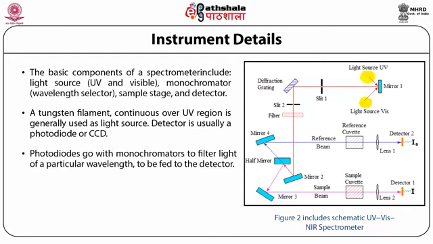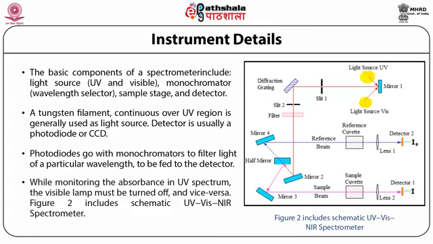Photodiodes go with monochromators to filter the light of a particular wavelength to be fed to the detector. While monitoring the absorbance in the UV spectrum, the visible lamp must be turned off and vice versa. So the block diagram of the UV visible NIR spectrophotometer is shown in this figure.